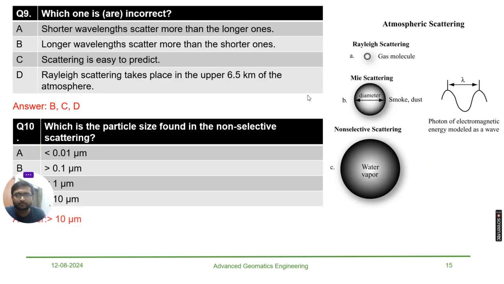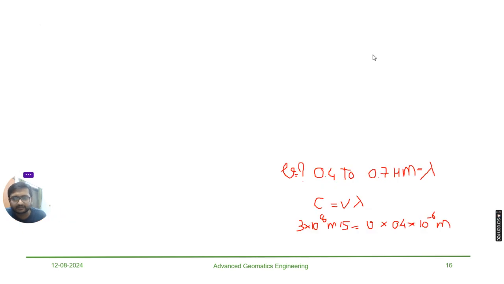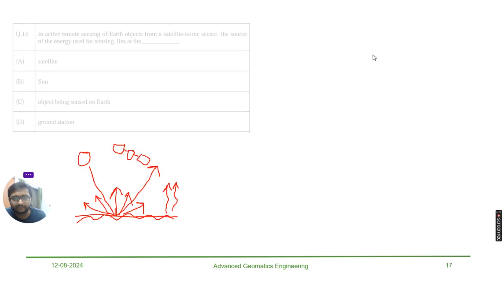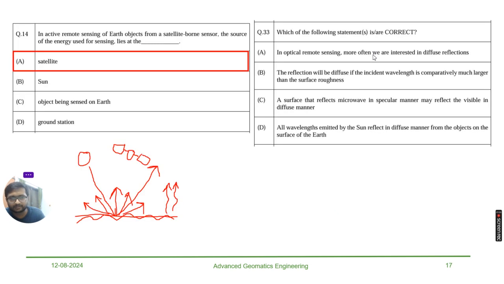You have these gas molecules, and the wavelength coming to the object is very big compared to the molecule. Will it diffuse, or will it just pass away? So diffusion will not occur, and the statement is wrong.